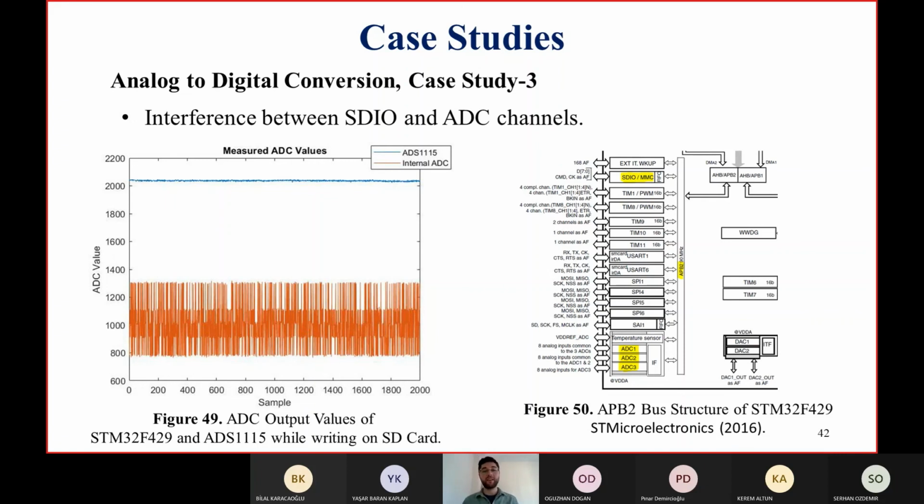If you make analog digital conversion with DMA, and at the same time you have some LED toggling or Bluetooth signal sending, or SDIO writing data on the SD card, it may distort your converted signal. You have to use a standalone ADC if you have to make a precise analog digital conversion.